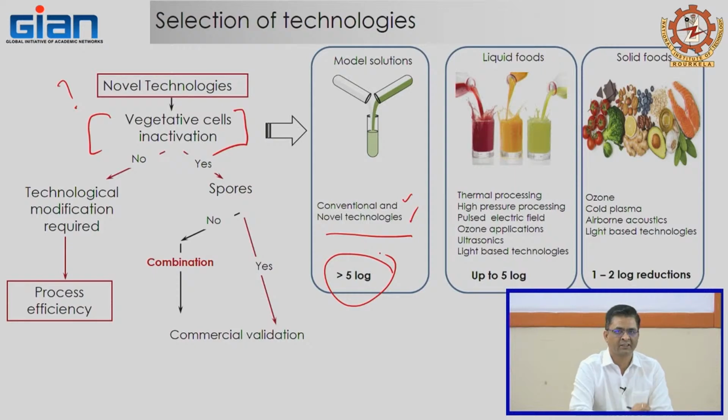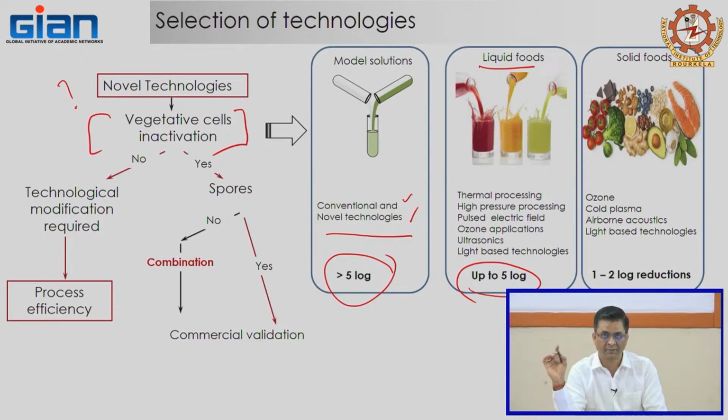You have already seen that. When it comes to liquid food, we can get up to 5 log. Anything which can achieve 5 log is a non-thermal technology. We already discussed that, right? That means if you can jump 5 meters, you can jump 2 meters or 3 meters. Thermal, high pressure, pulsed electric field, ozone, ultrasonic, light-based technology.